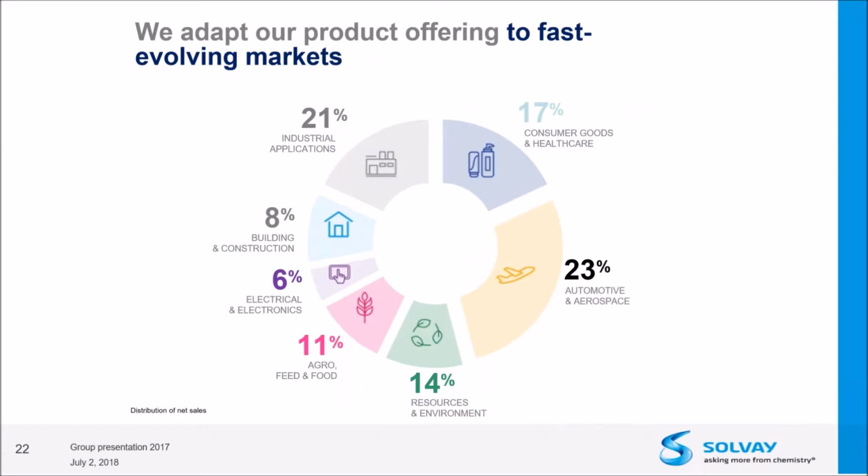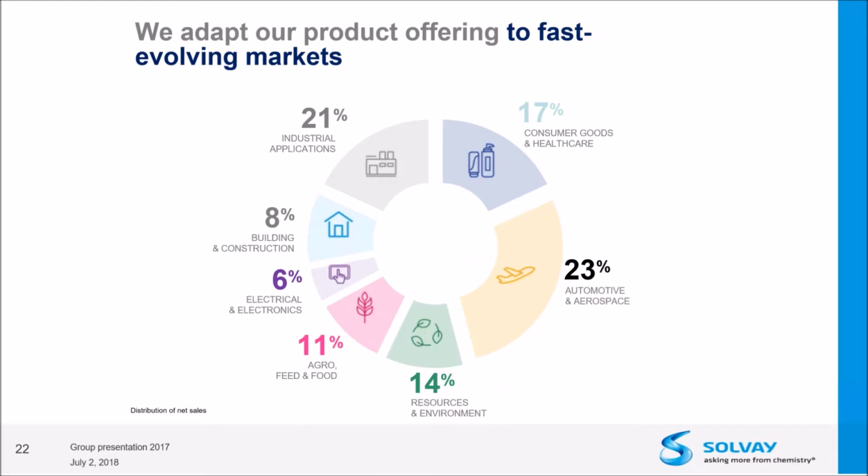Also, to give you a flavor of the different markets we are covering, and this has changed over time. In the last 5 years, we went through a global revision of our portfolio, acquiring a number of businesses and selling other businesses, where industrial application was traditionally the main segment.